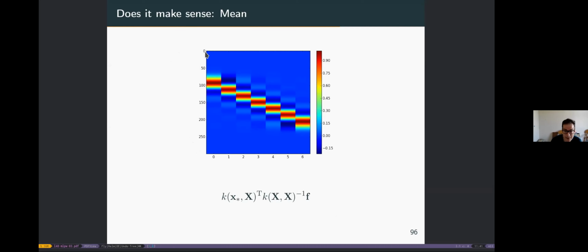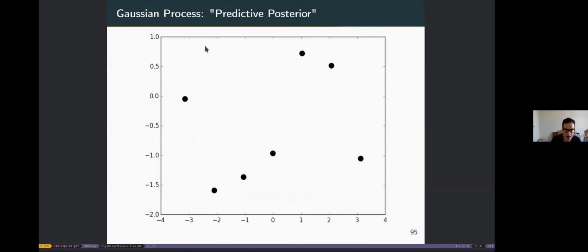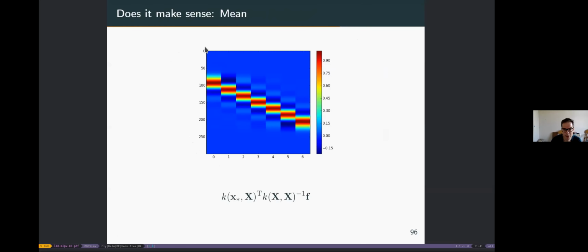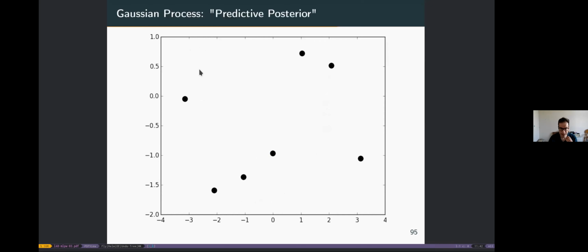So you can see that in the beginning, now we're somewhere out here, far away from the data, we're basically multiplying 0 by the values that we have. So effectively, out here, it says, well, actually, the data provides me with very, very little knowledge, so I'm going to go back to the prior mean, and the prior mean is 0. Then as you go closer, somewhere around 60, 70, now you're somewhere close to here.